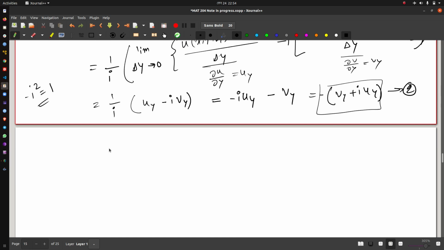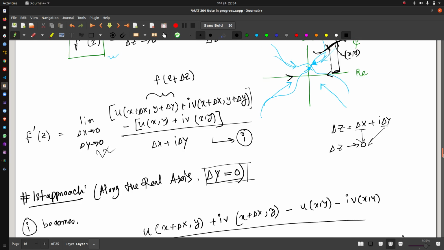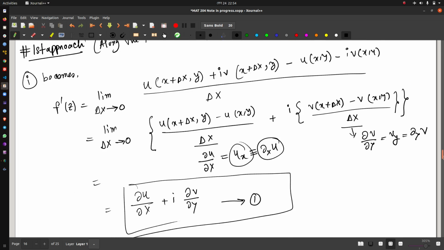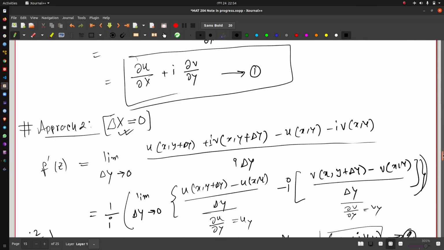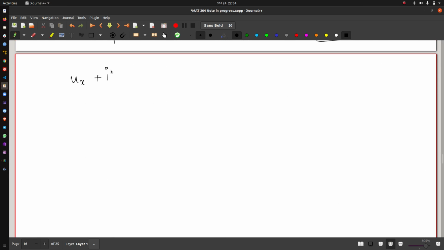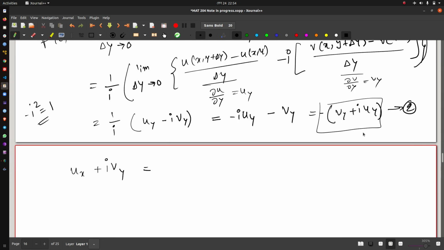So if we do that, what we have is ux or del u by del x, whatever you want to write. I prefer writing it in this way. So equation 1 gives us vy, and then we have this minus vy, and there's a minus I uy.